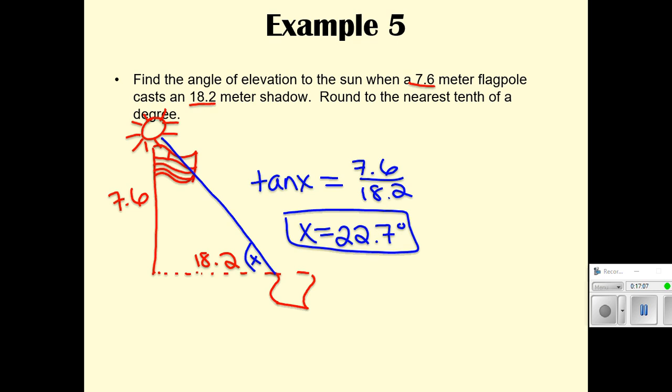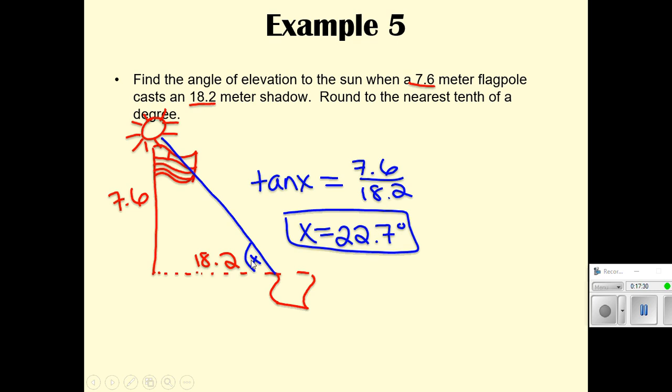Round to the nearest tenth of a degree. So this is another one where you're going to draw a right triangle. The sun's right here. That is the flagpole, a 7.6 meter flagpole, and the cast shadow is 18.2 meters. We want to find the angle of elevation.